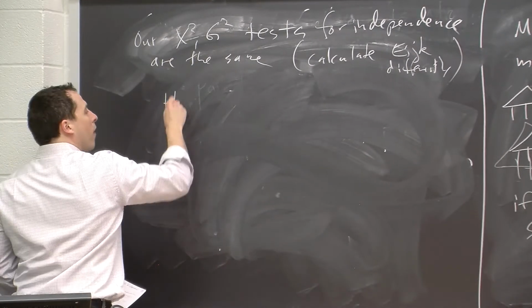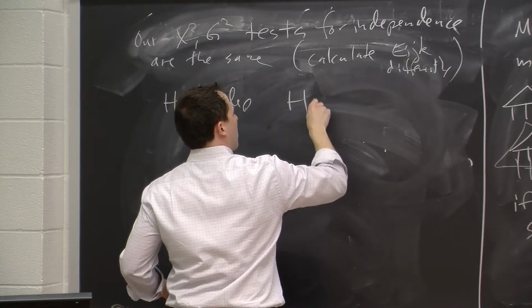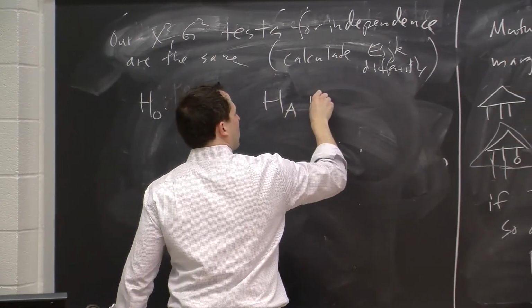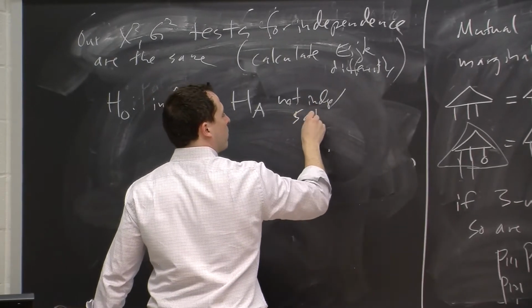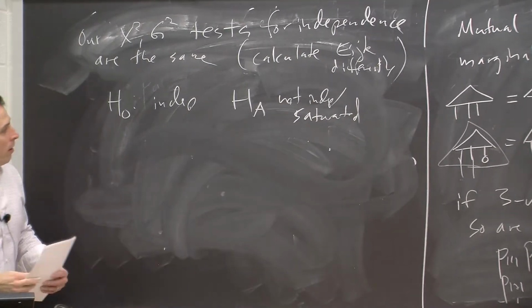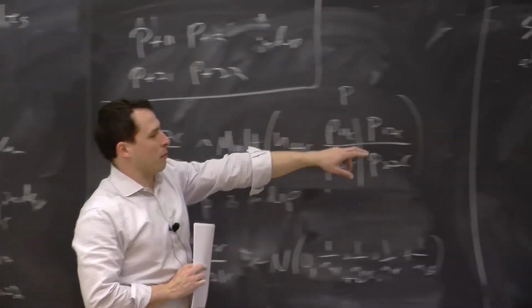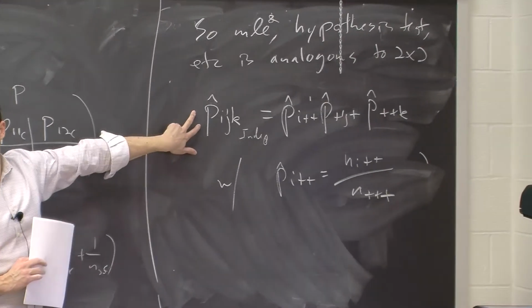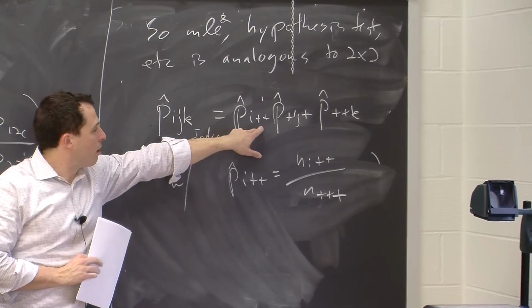Right, our null hypothesis is independent. Our alternative hypothesis is not independent, or more accurately, saturated. And then I want to compute the expected values. How do I compute the expected values? I compute the maximum likelihood estimate of the probabilities, which is this sort of outer product, the product of the marginals.